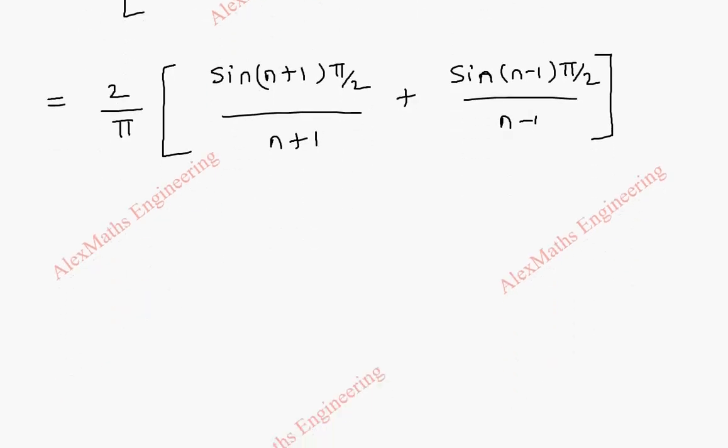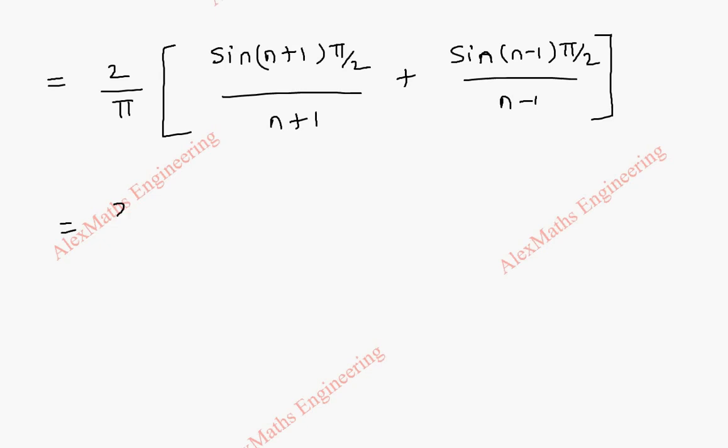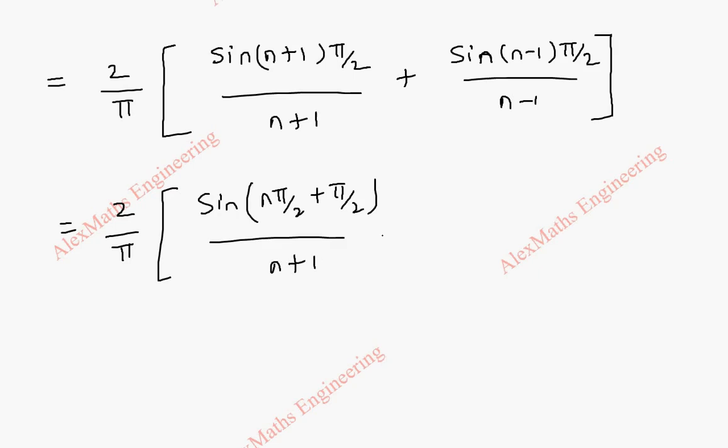Now we are going to rearrange this further. 2 by pi, let's multiply pi by 2 inside, so it is sine (n pi by 2 plus pi by 2) by (n plus 1). Similarly, this is sine (n pi by 2 minus pi by 2) whole divided by (n minus 1).